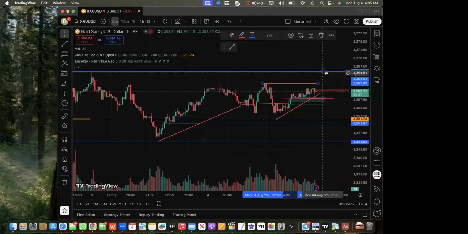So that's where you see TP 1, 2, 3. I know we usually do it in 20 pips each. From here, how many pips can we still catch? 3362 all the way to 3363, so that is almost 40 pips. So we can do take profit 1 and 2.